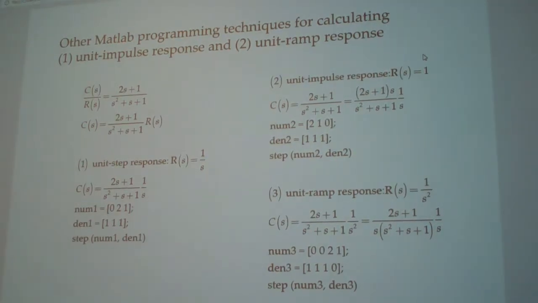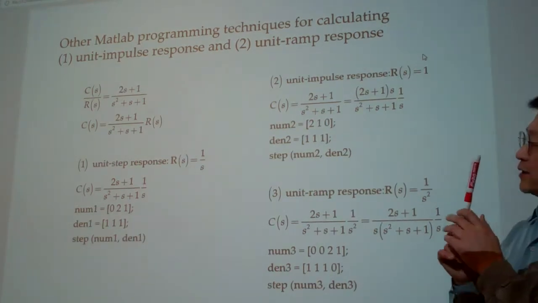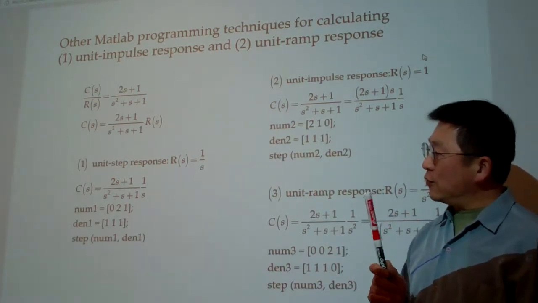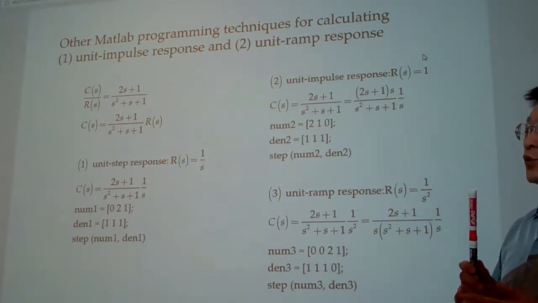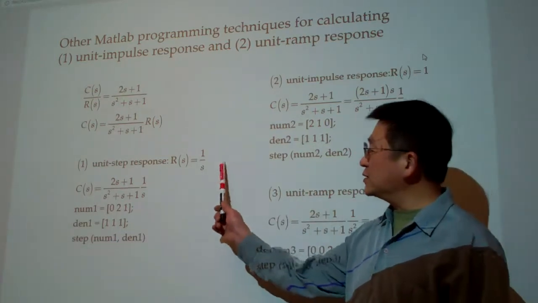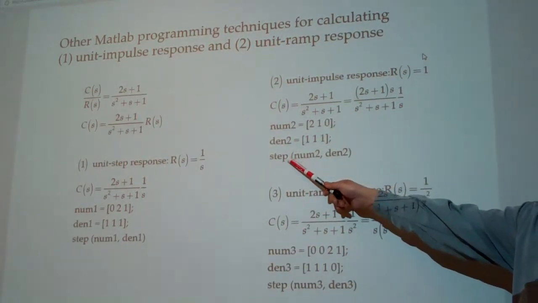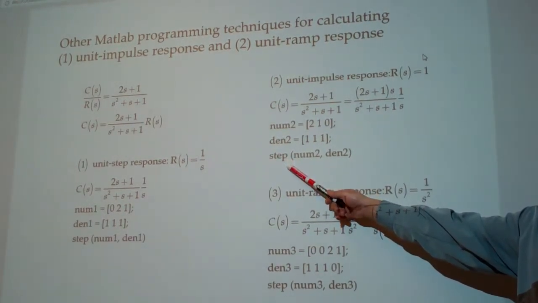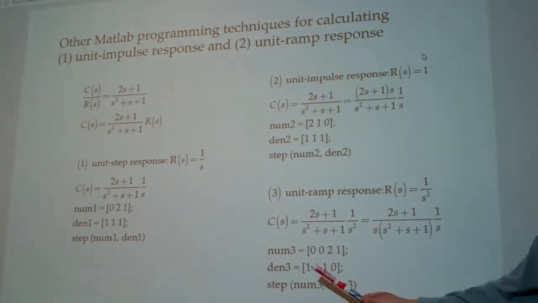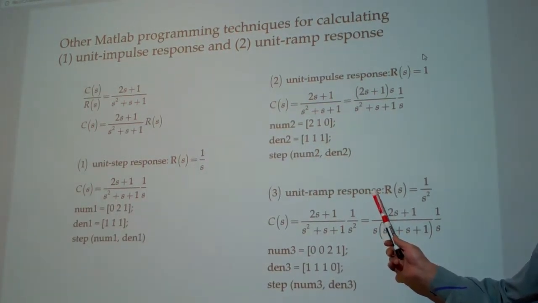Otherwise, if you don't follow this and you want to do it on your own with a very primitive method, then for this case you simply use this one. For this case, you need to look up the impulse command in MATLAB. There's an impulse command. For this last case, there's no such appropriate command in MATLAB.